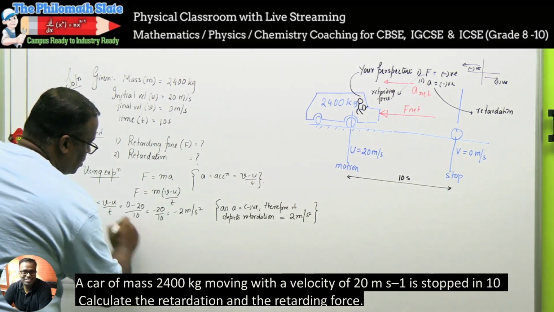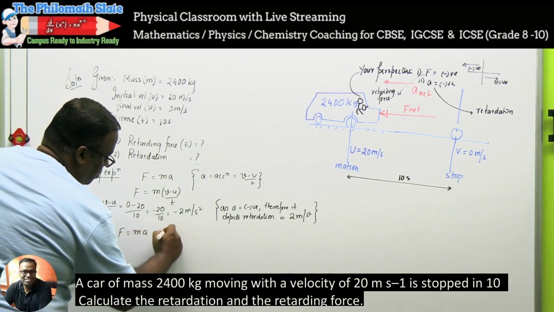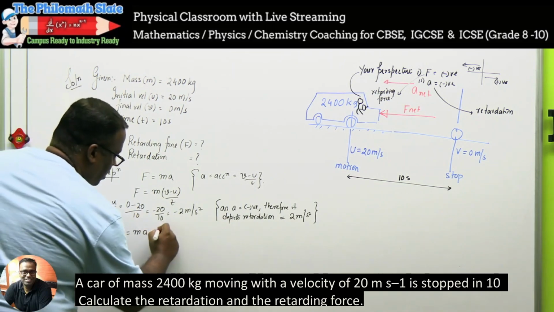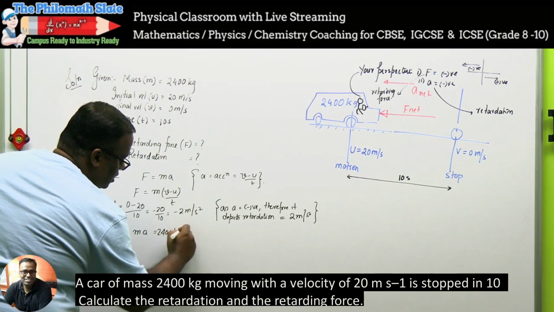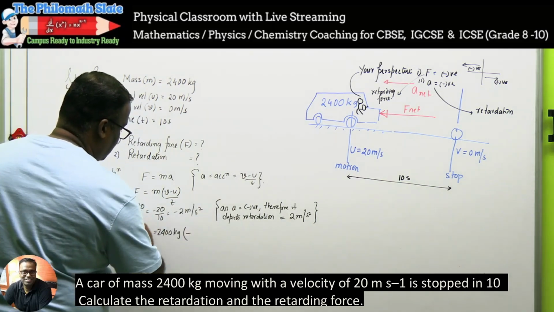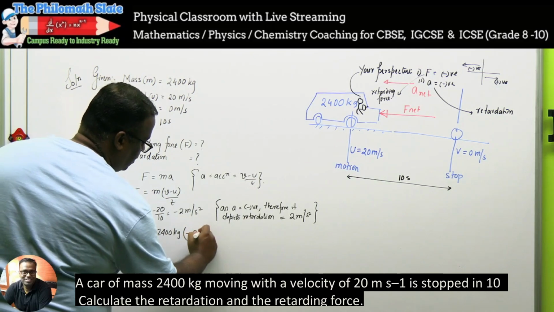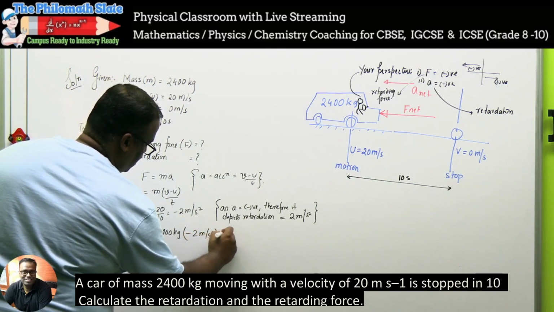F becomes equal to m into a. So m is how much? 2400 kgs multiplied by a, which is negative 2 meter per second square. So how much is the value you're getting?